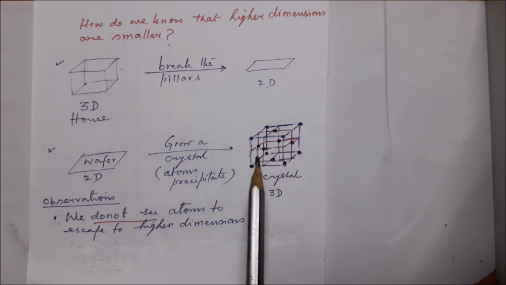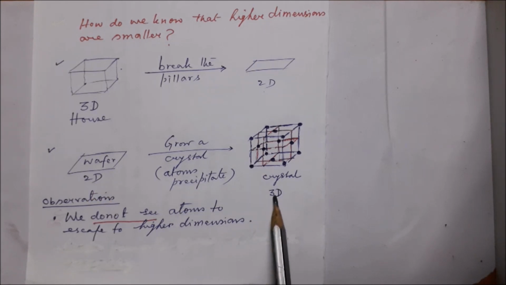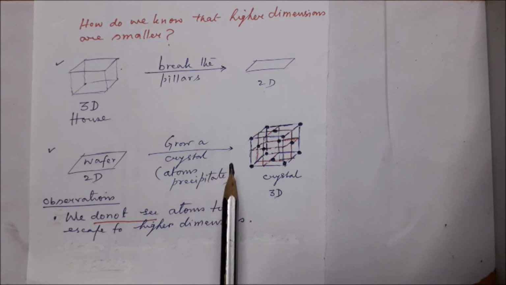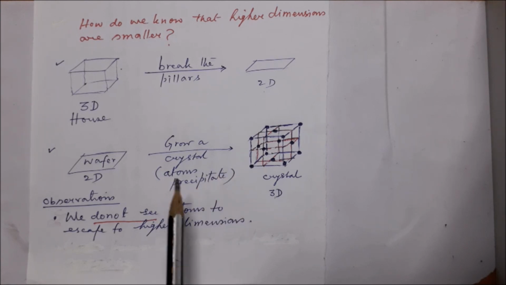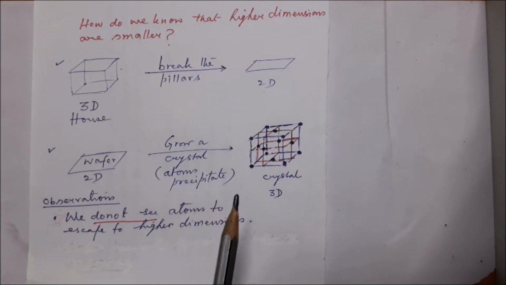Now this is a transfer from lower dimension to higher dimension. Now it can be expected that under favorable situation, transformation of higher dimension to lower dimension or the other way around, that is lower dimension to higher dimension, can occur.